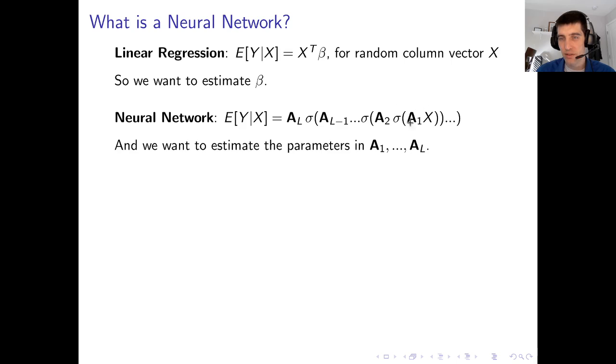The sigma function applies this nonlinearity. This is that activation function. And then for the output of that, we apply A2, then we apply the sigma function again, and so on and so forth. So we have this sequence of iterations where we are applying a matrix, applying the activation function.